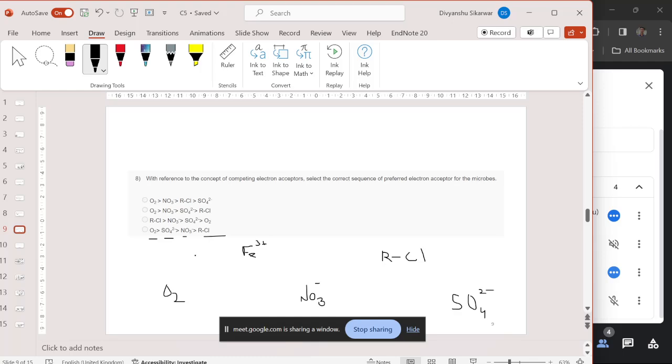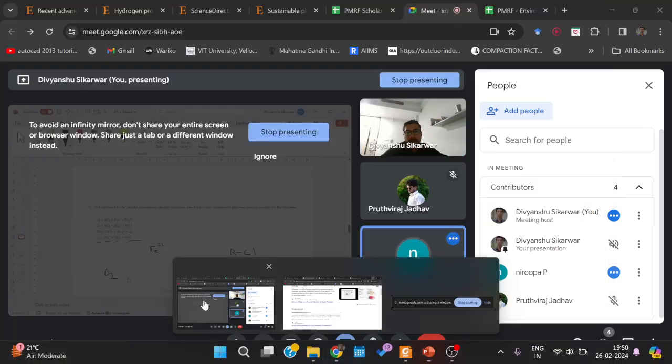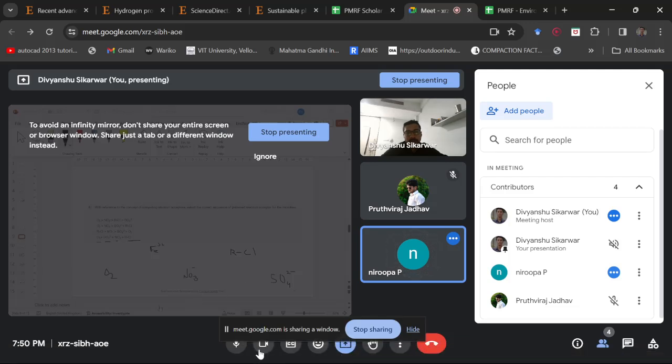Availability of free... If both are equally available, then yes. Oxidation state.